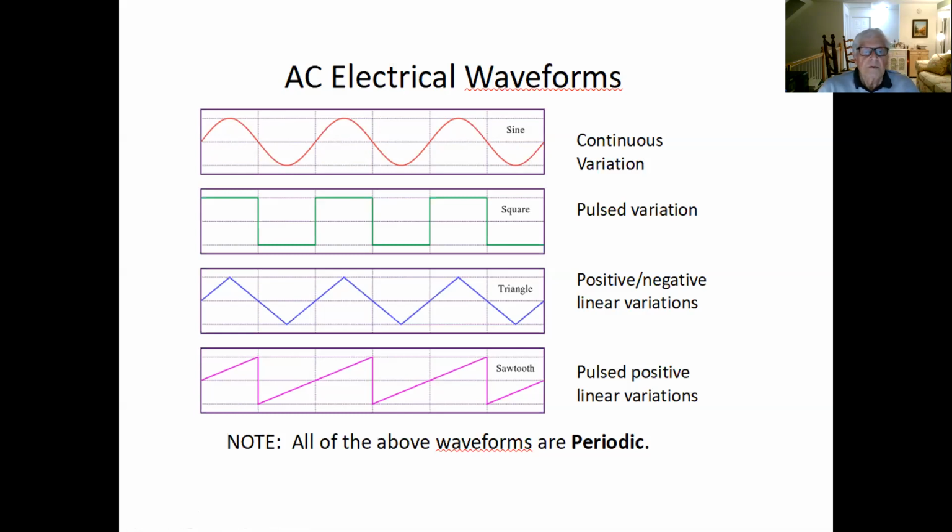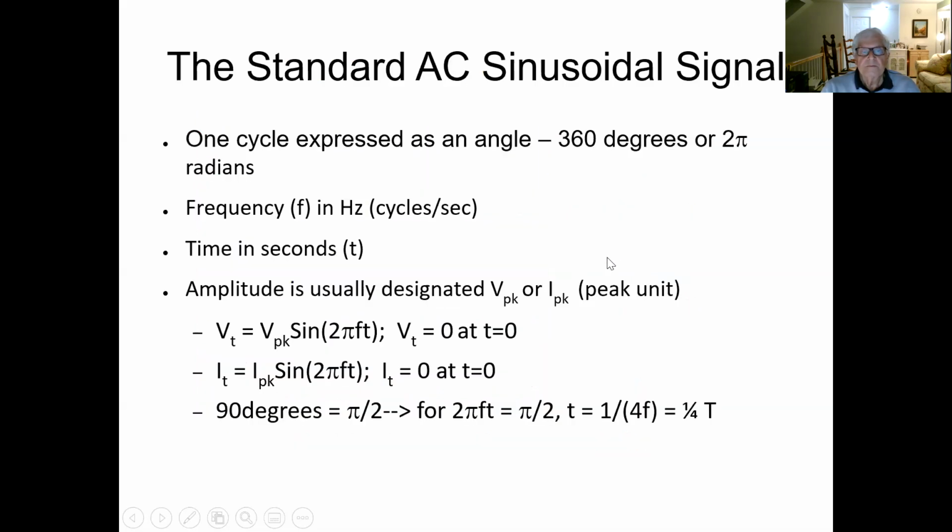Or we can have a square wave, which we use for digital components. Or we have a triangular waveform and also a pulsed linear variation. These are all periodic. They have a period associated with them. But the standard AC signal that we are studying is basically a sinusoidal signal.